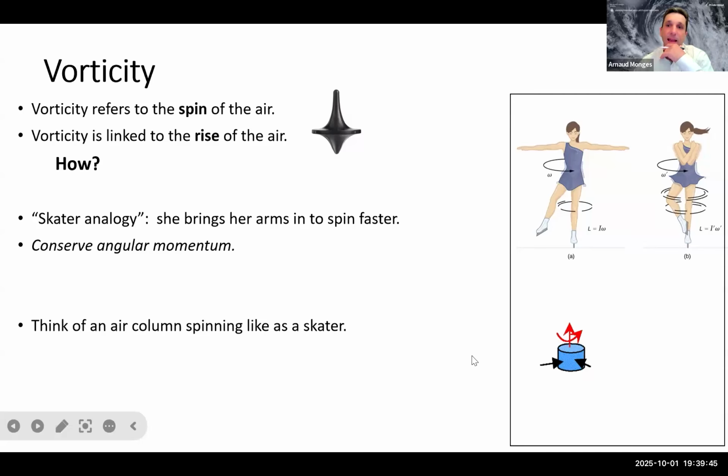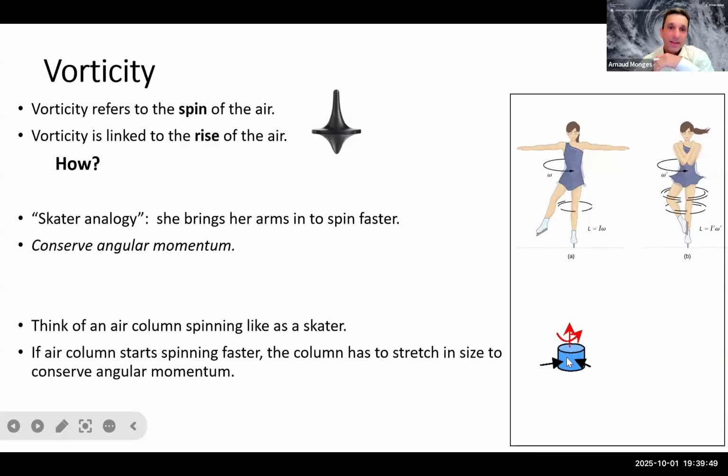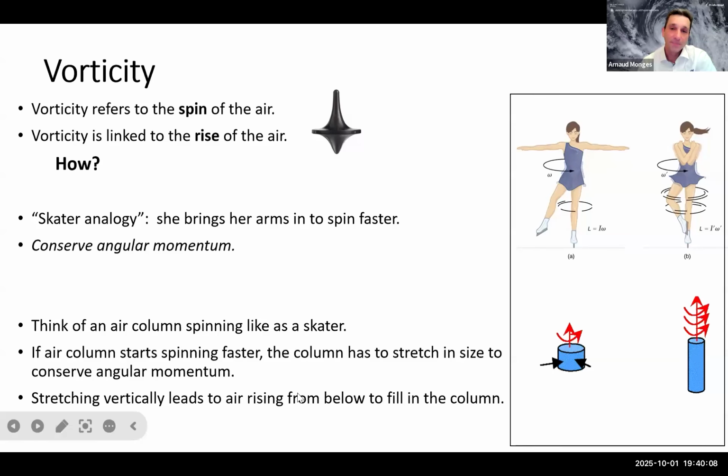If suddenly my air column spins faster, the column has to stretch. It needs to be narrow, like the arms brought together. And the result is the stretching of the air parcel, which leads to the rise of the air.